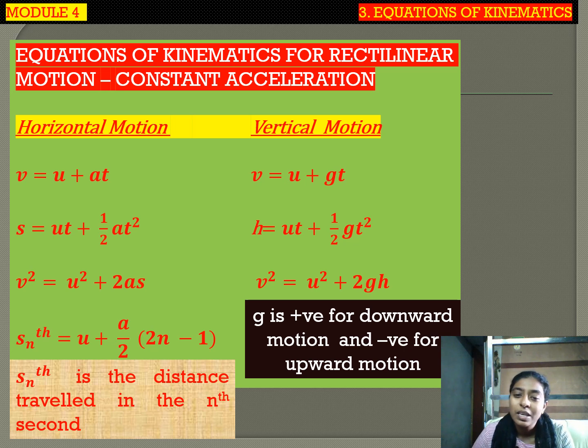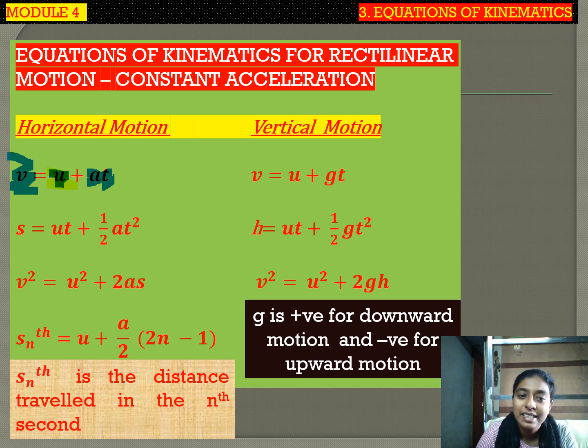So, u is our initial velocity. V is our final velocity, a is our acceleration, and t is the time.